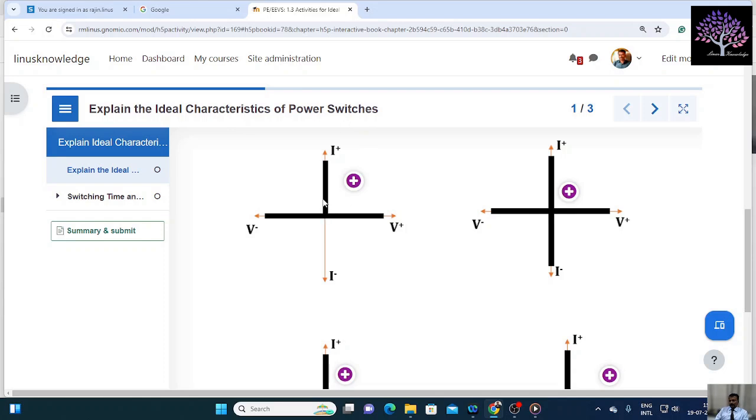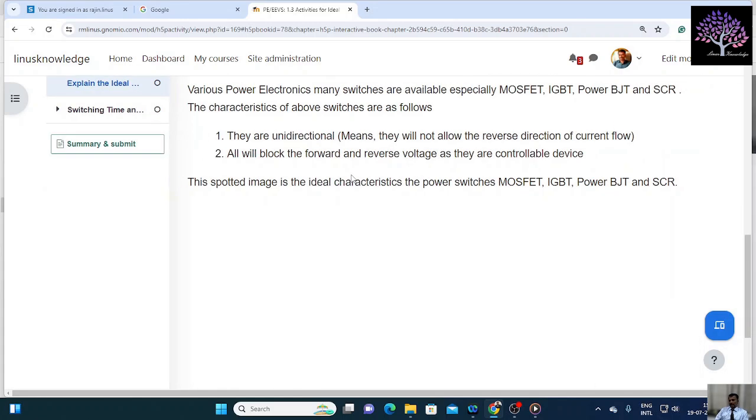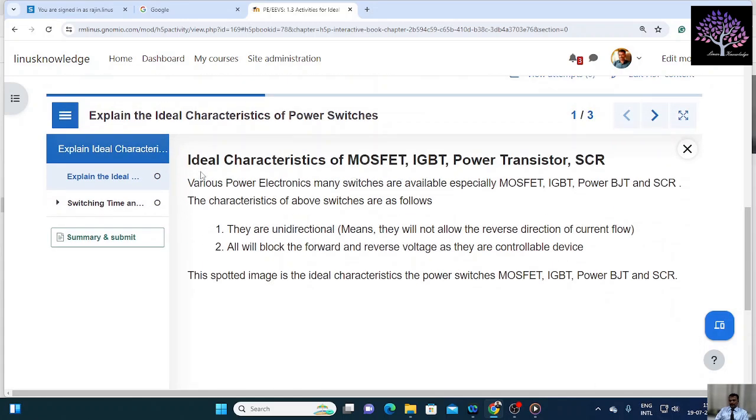First see here, this switch will not conduct the reverse current. It will only conduct forward current. It will block the forward voltage and it will block the reverse voltage as well. So we should know which power switches come under this category. Click this plus button. You can see the ideal characteristics of MOSFET, IGBT, power transistor and SCR all come under this category.